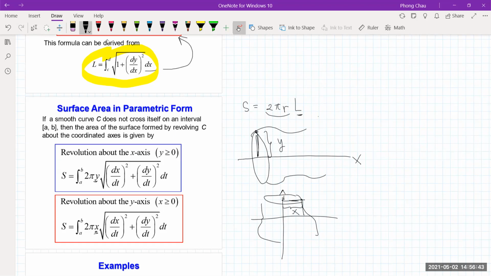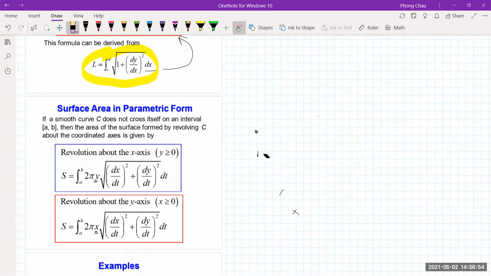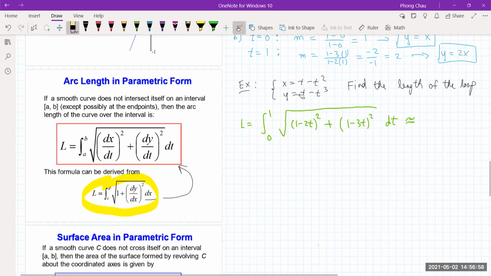All right, so let's look at a quick example here. Let's say, to make things easy, I'm going to use exactly the same example up here.